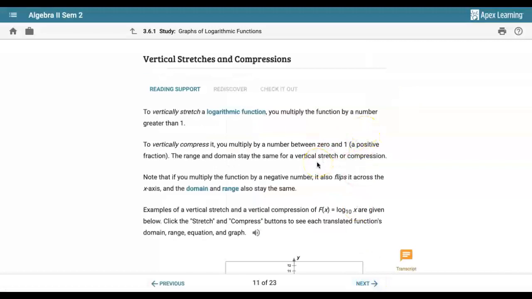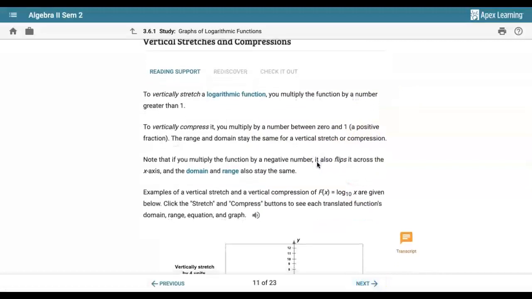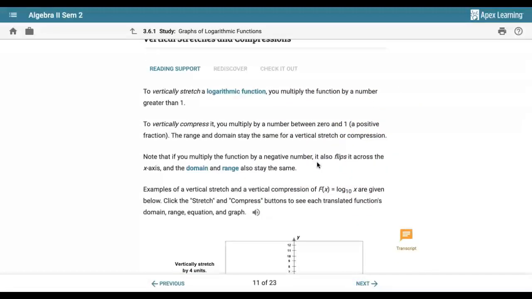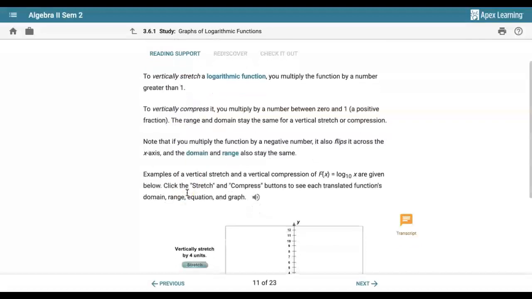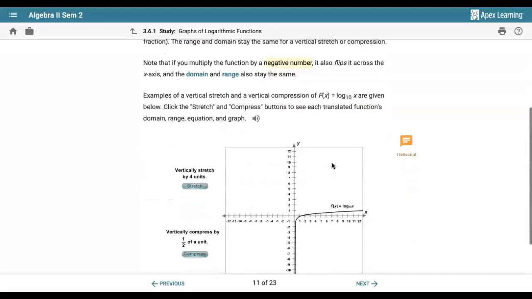Obviously, the next progression here is stretches and compressions. So vertically, if we multiply by a number greater than 1, we're going to stretch. And if we have a number less than 1, we'll have a compression here. Similarly, if we multiply by a negative number, it also flips it across our x-axis.